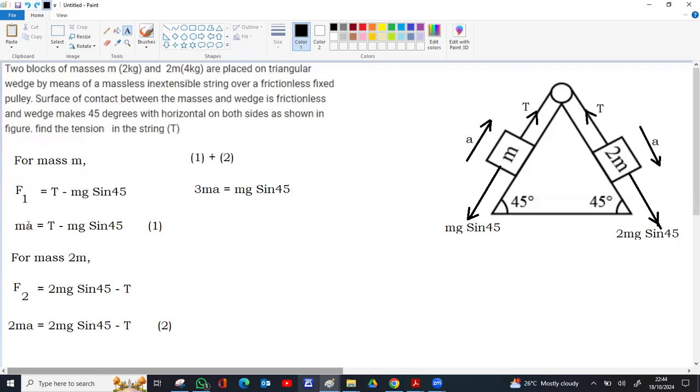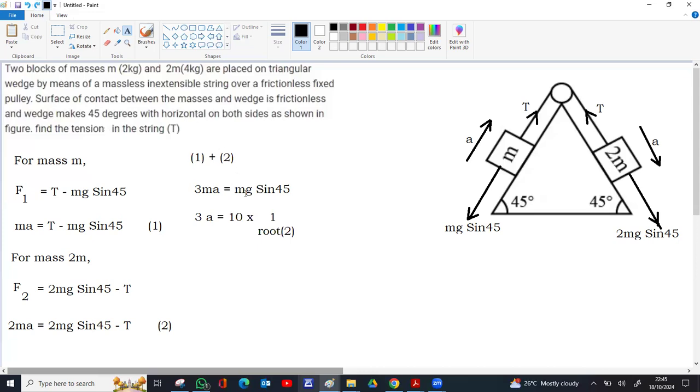The left-hand side is ma for the first equation and 2ma for the second, so the LHS adds up to 3ma. Minus mg sin 45 plus 2 mg sin 45 gives just mg sin 45. Now the mass m gets cancelled on both sides.